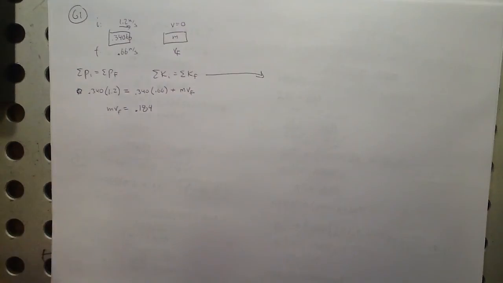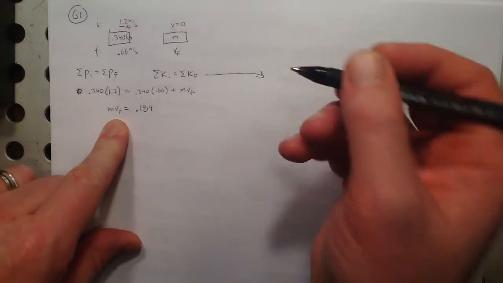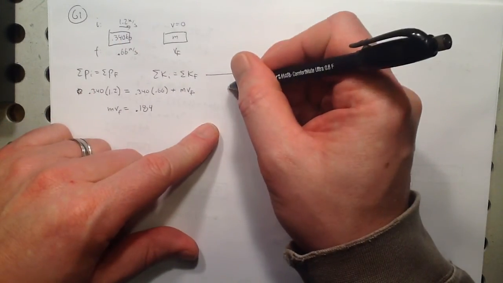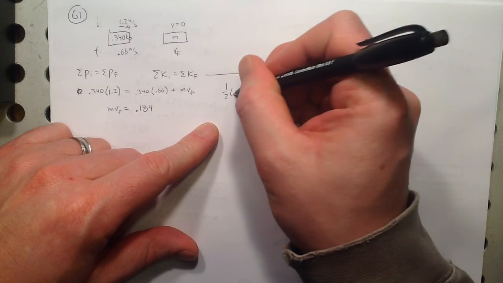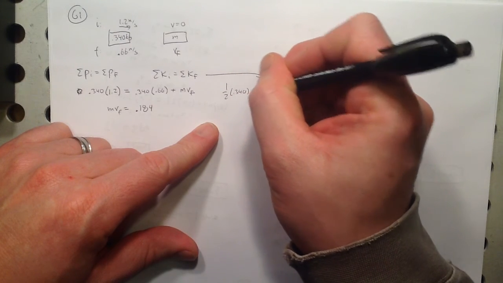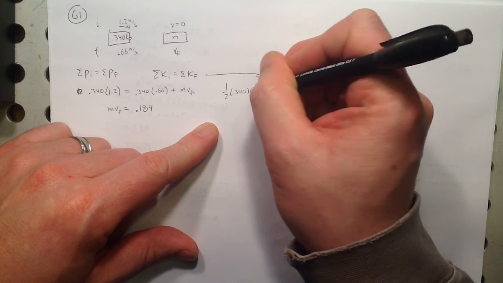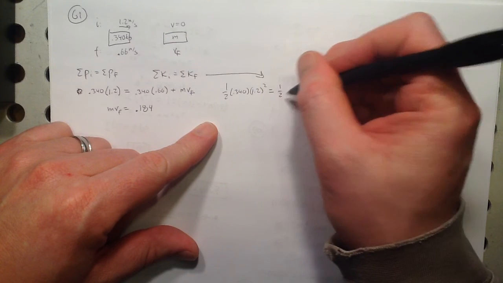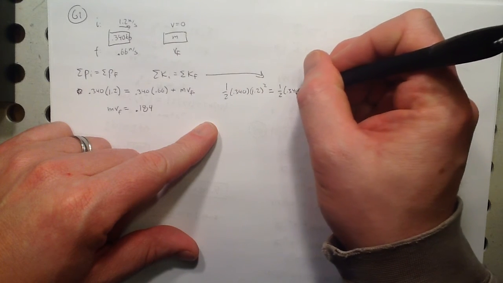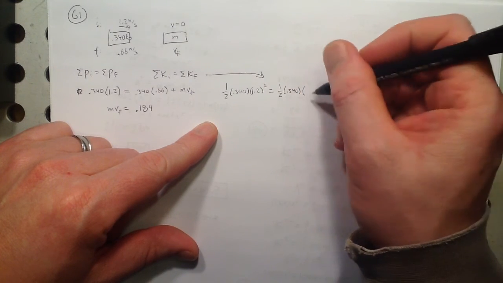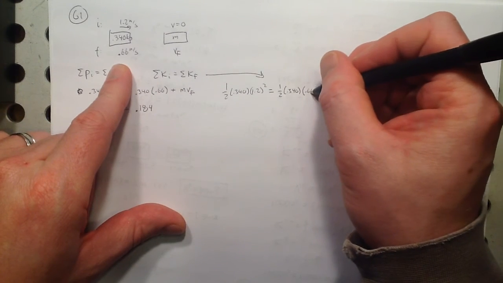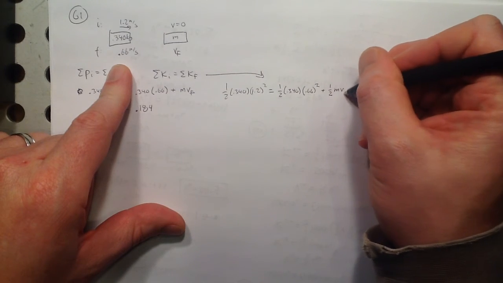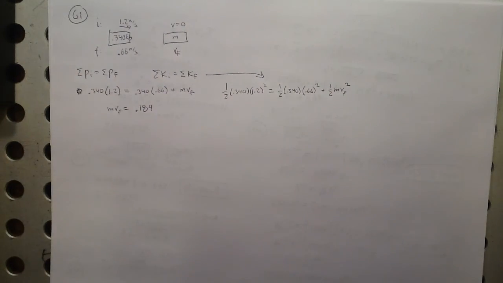All right, now kinetic energy is also conserved, so we should be able to get another equation in those same two variables. So kinetic energy before the collision, only one thing is moving. So I have 1/2 mv squared, and that's equal to the total kinetic energy after the collision, which is 1/2 mv squared plus 1/2 the unknown mass times the unknown velocity squared.